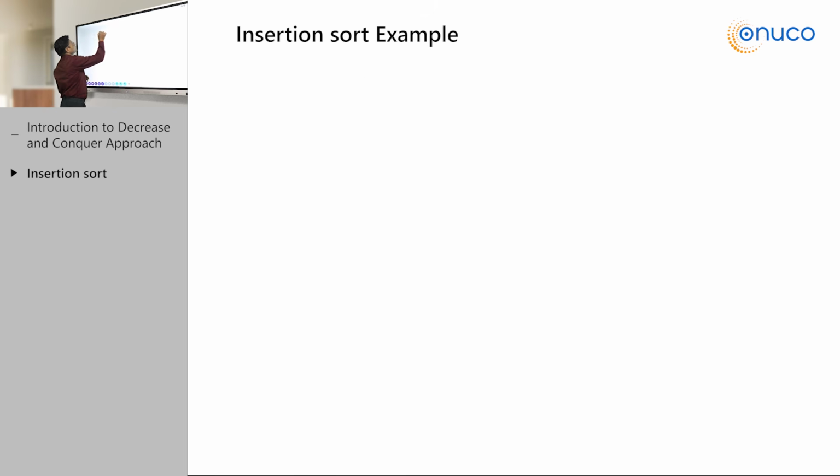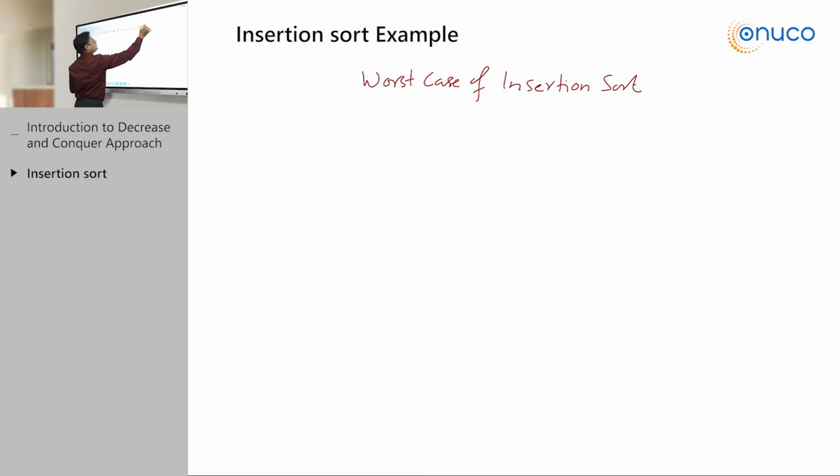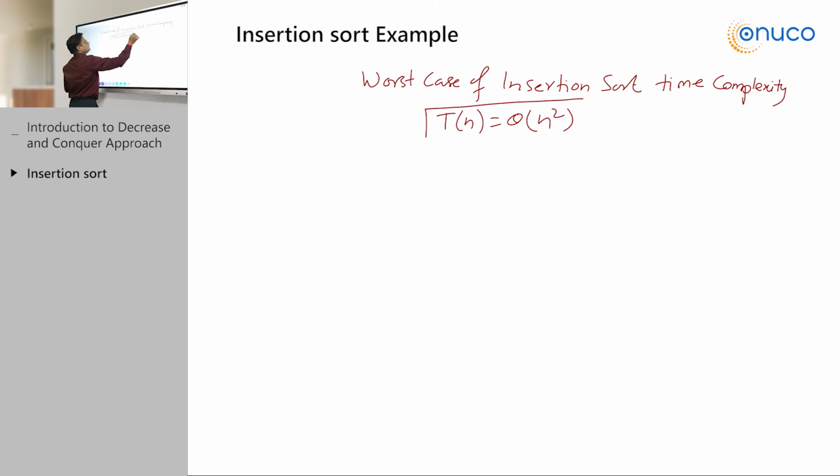Okay. So we got that the worst case of insertion sort complexity T of n is equal to theta of n square.